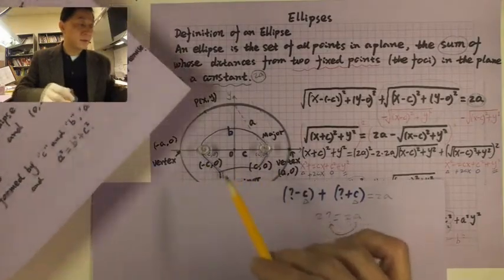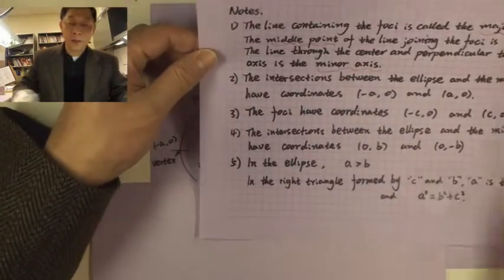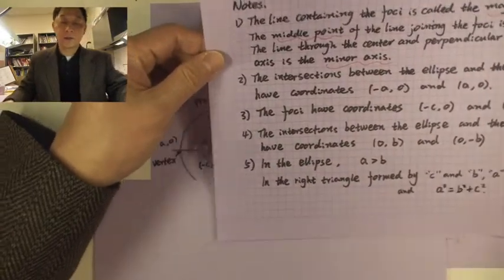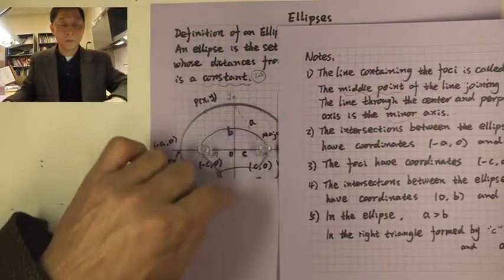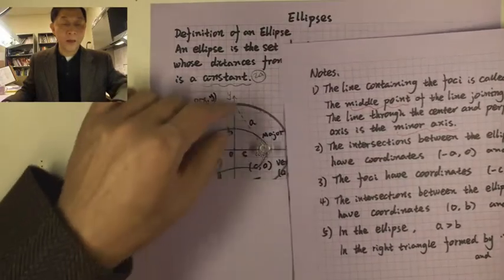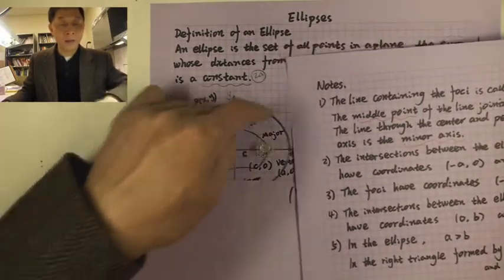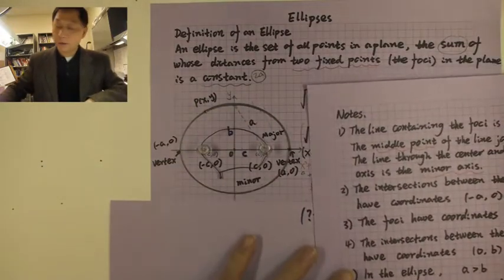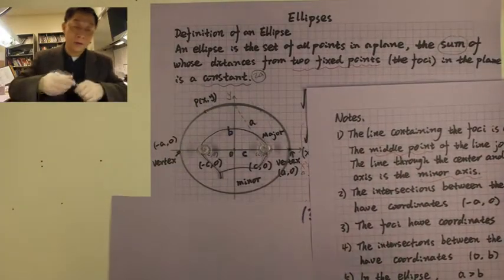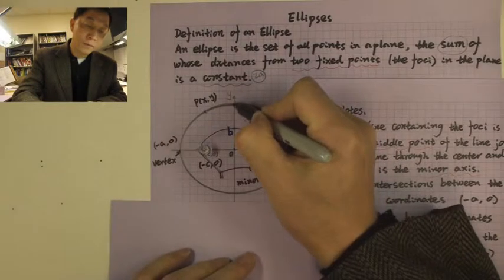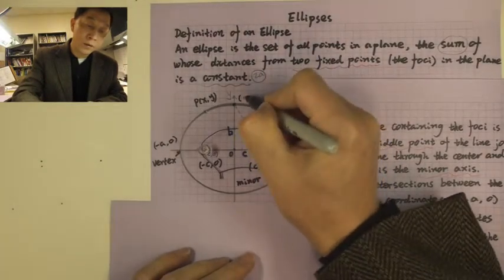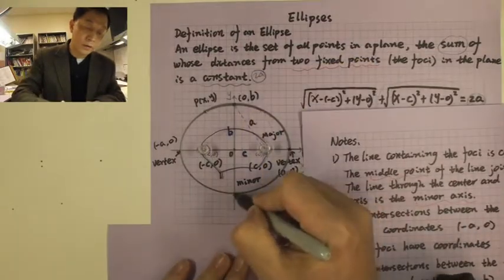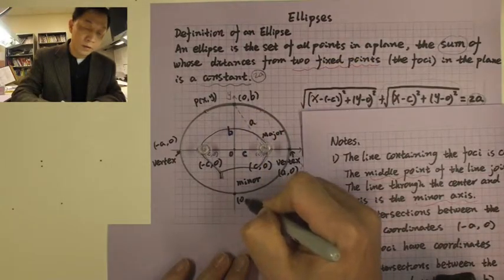That's that. Okay. And here is another remark saying that the intersection between the minor axis and the ellipse here is b. So then you can mark this one as 0, b. This one is 0, negative b.